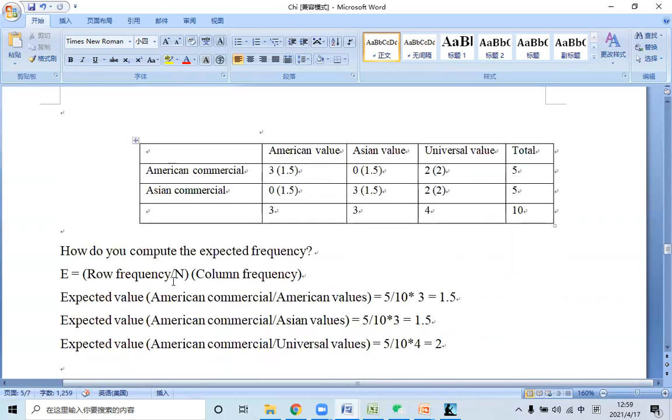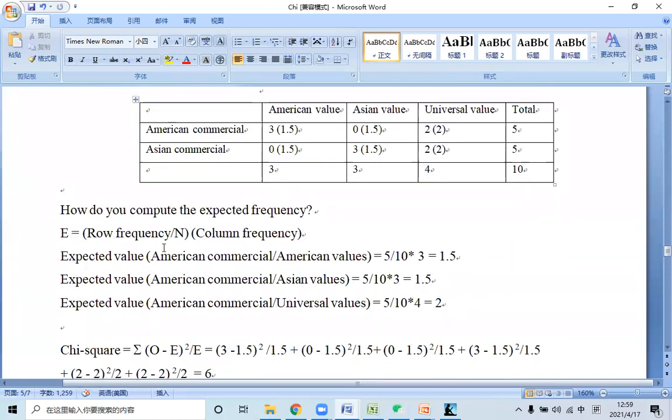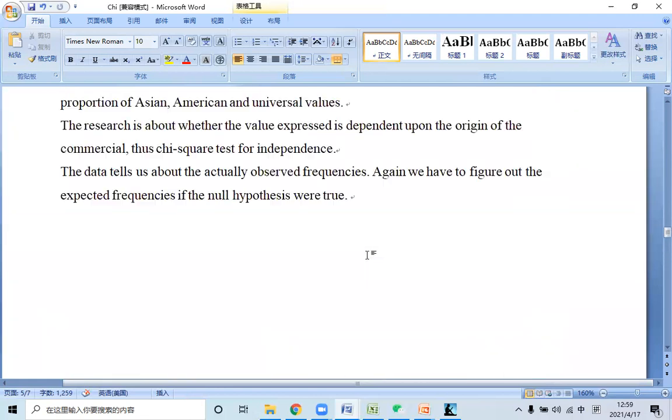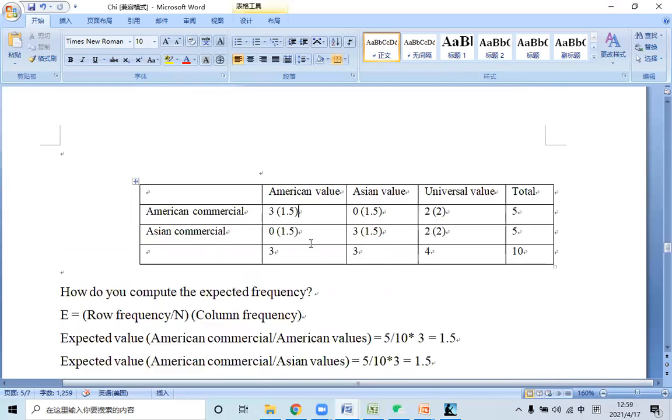And look at the chi-square calculation. For any chi-square calculation, you are comparing observed value with expected value. You need this 2x3 contingency table. When you're testing the contingency or the dependence between two variables, you need to build the contingency table.